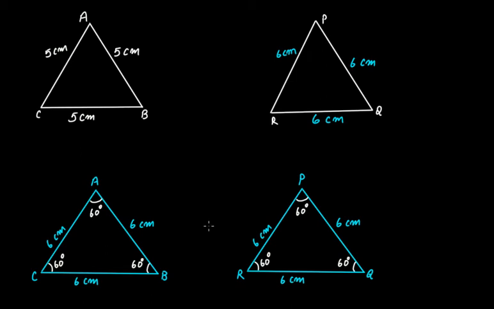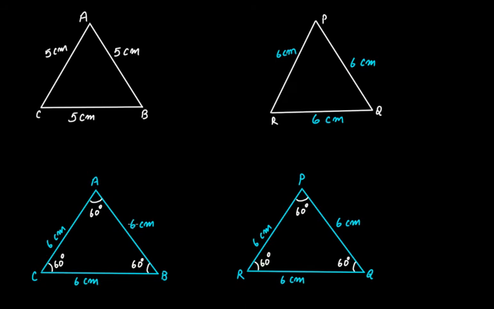But there can be some situations where you will not have complete information like this, and then you will be asked to tell whether the triangles are congruent or not. What do we mean?